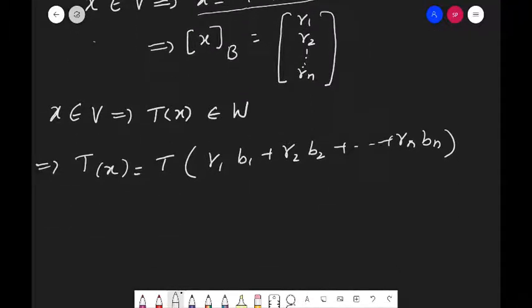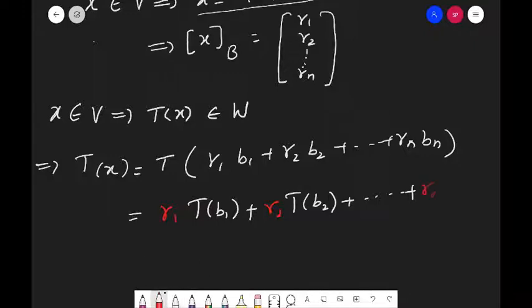Now T is a linear transformation, so I can write this as R1 into T of B1 plus R2 into T of B2 plus and so on plus Rn into T of Bn.